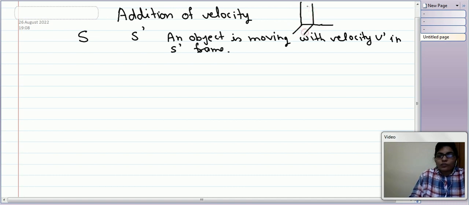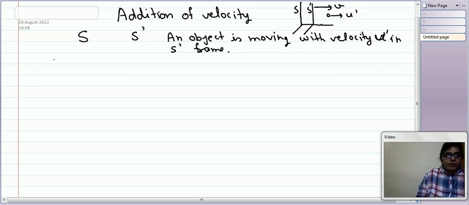So this is our picture. This is the S frame and this is the S dash frame. This S dash frame is moving with a constant velocity v, and here I am saying that an object is moving with velocity u dash in the S dash frame. This is another object which is moving with the velocity u dash. So this u dash is different from v.